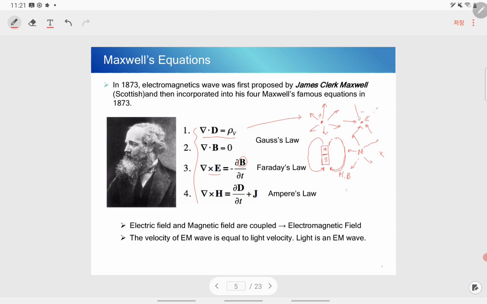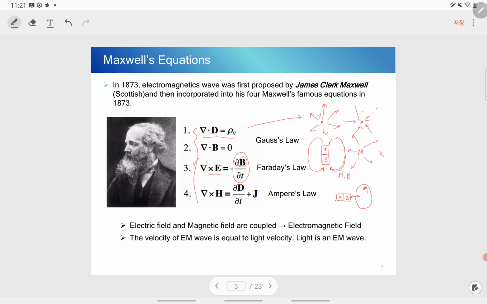In his experiments, if we have a wire loop and we change the magnetic field inside the loop by changing the position of the magnet relative to the wire, Faraday observed that current is generated in the loop. So as B changes, he found that electric current can be generated.